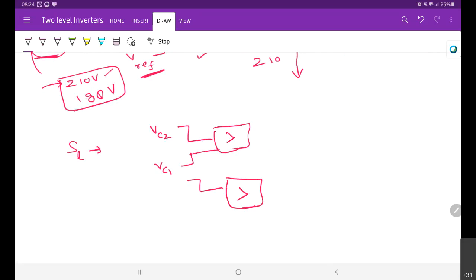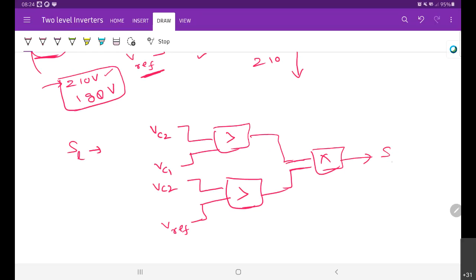Now this is VC2 and this is V reference. So this is for the S lower. It's clear?